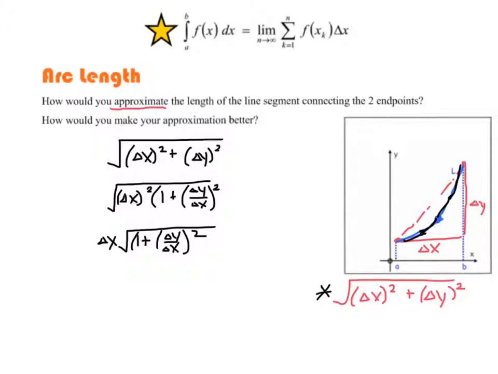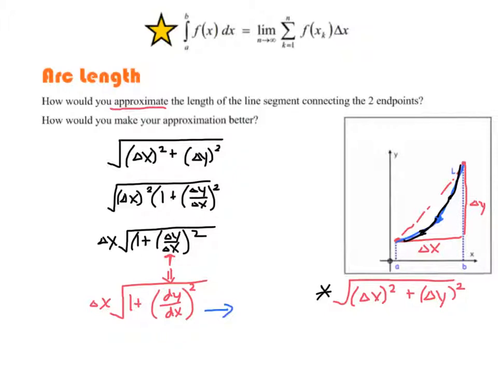Well, as you add more and more rectangles, delta y over delta x approaches the derivative. So that 1 plus the derivative squared. And from up at the top, as we take the sum of more and more of these little Pythagorean theorems, this delta x becomes dx.